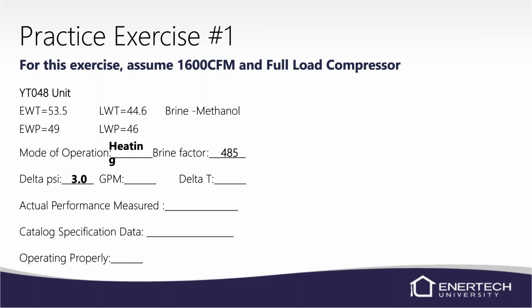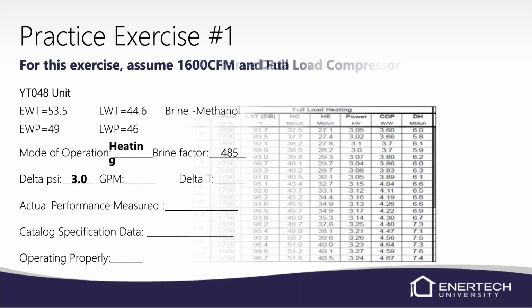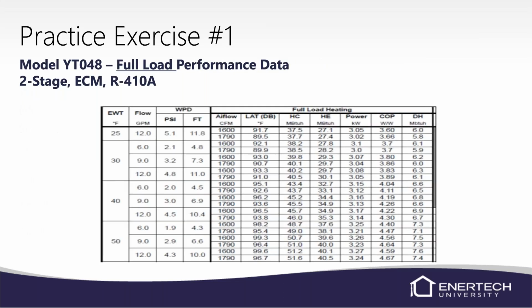485 is our brine factor, because we're telling you that we have methanol in the system. Just use that 485 as your constant any time there's antifreeze. So we had a 3-pound pressure drop, and we were entering at roughly 50-degree entering water temperature. I think it was 53. Here is the chart in the manual.